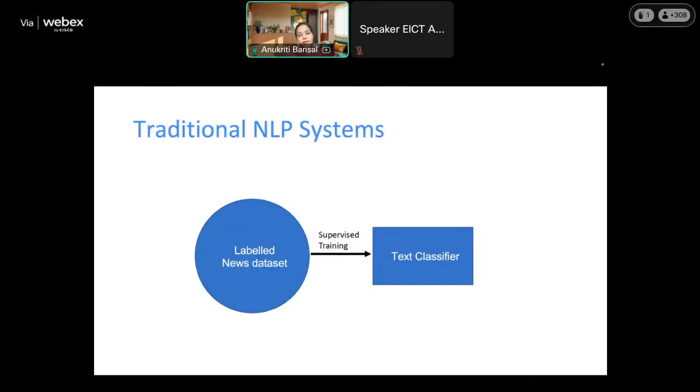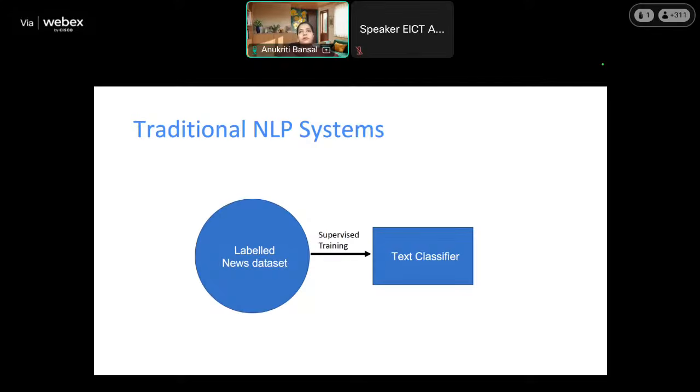If I want to understand language, which has so many complexities, one of the complexities is that I need to understand the context of the language. Suppose I say that I'm going to bank. If I just say I'm going to bank, I don't know whether I'm talking about a river bank or a bank as a financial institute.